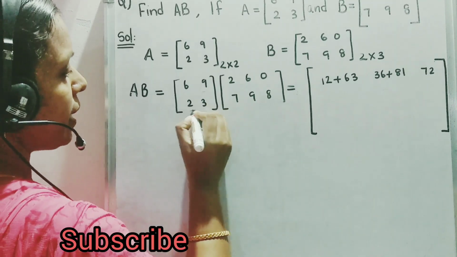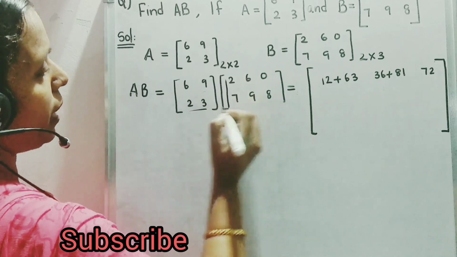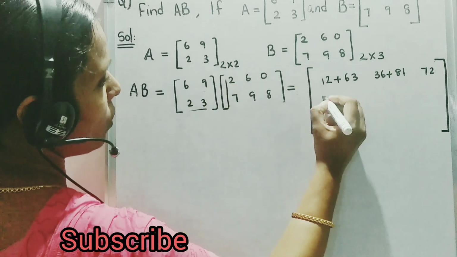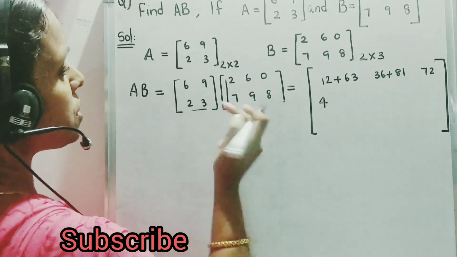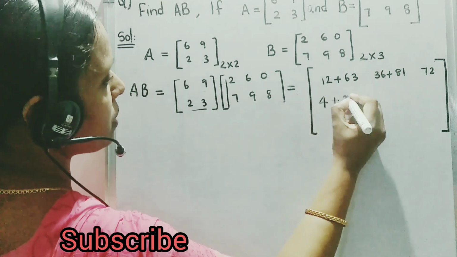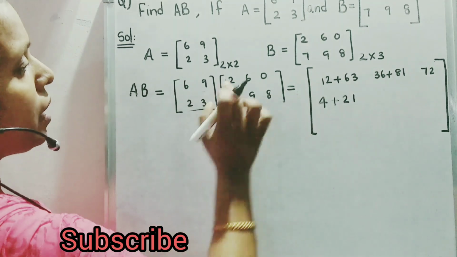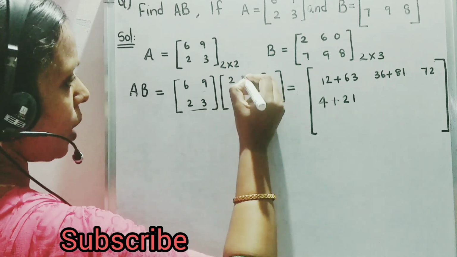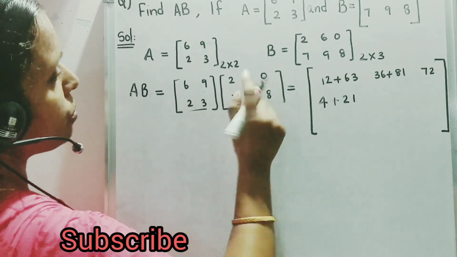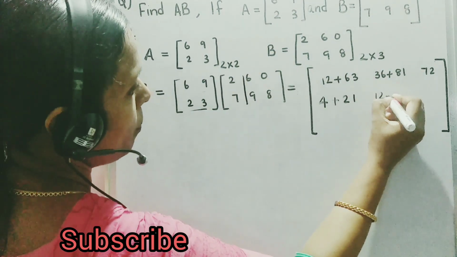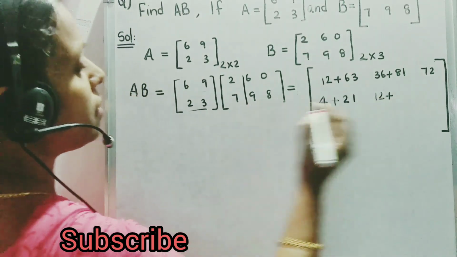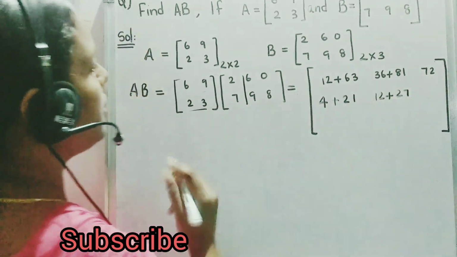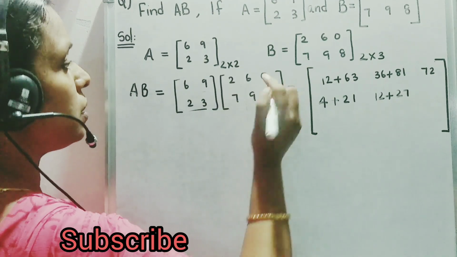Next we take second row with the first column. That is 2 into 2, 4, 3 into 7, 21 plus 21. Next we multiply with second column. That is 2 into 6, 12 plus 3 into 9, 27. Next we multiply second row with third column.